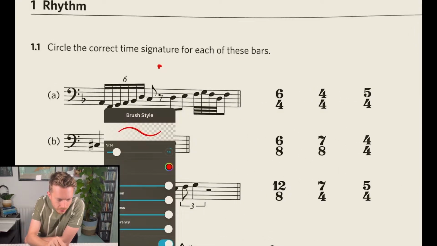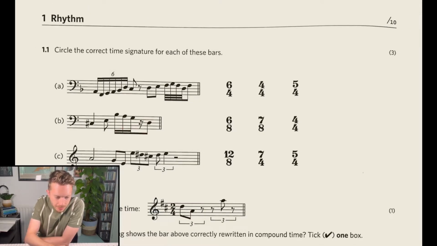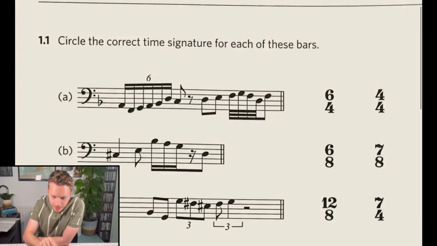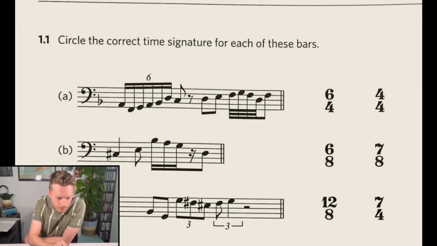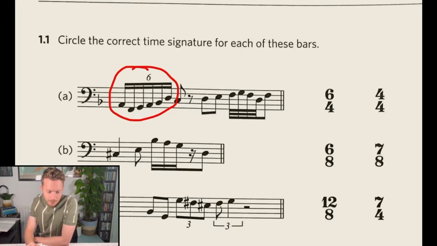So the first thing we see here is a sextuplet. A sextuplet is a group of 6 notes played in the time of 4. So we have 6 semiquavers played in the time of 4 semiquavers.